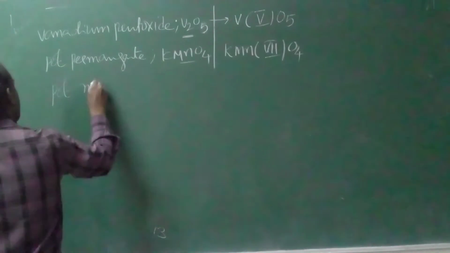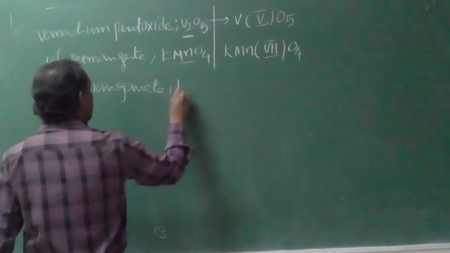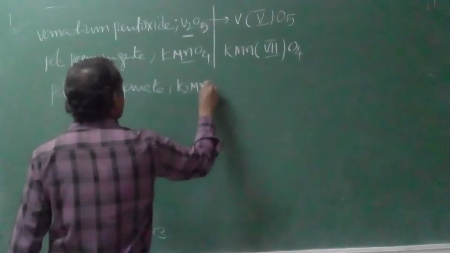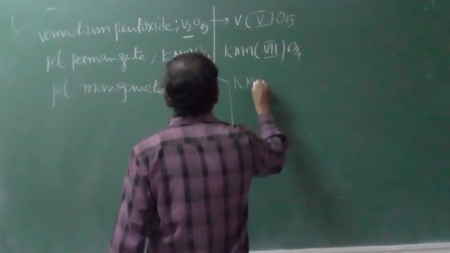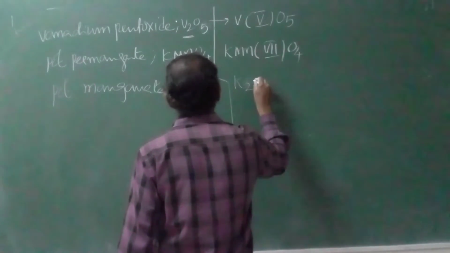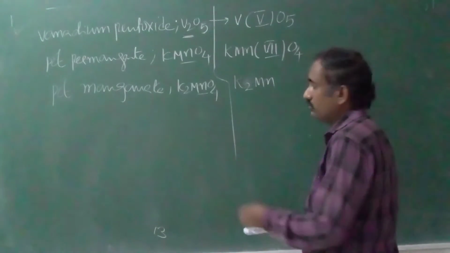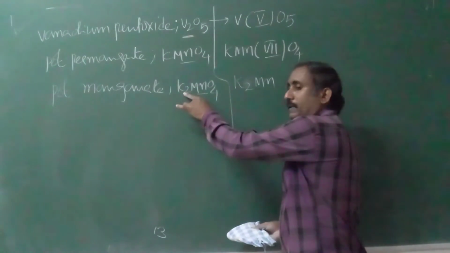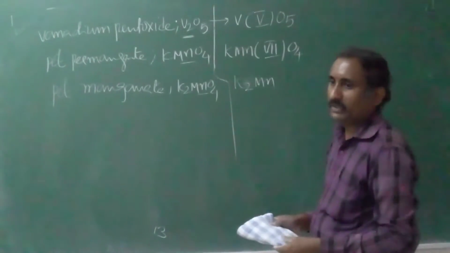Next, potassium manganate. Formula K2MnO4. Here K2Mn, the manganese oxidation state is +6. How? -8 plus 2 means -6, goes to the right-hand side as +6.